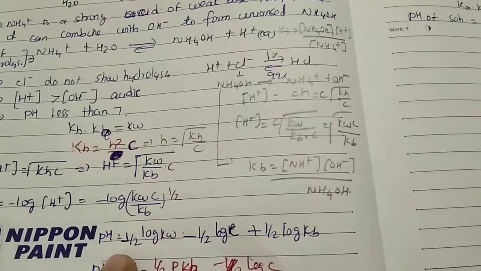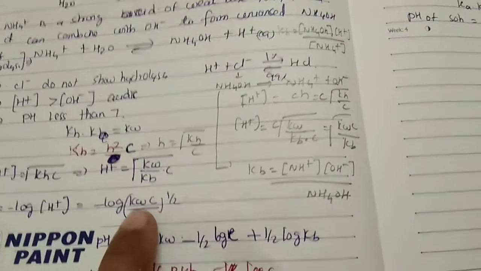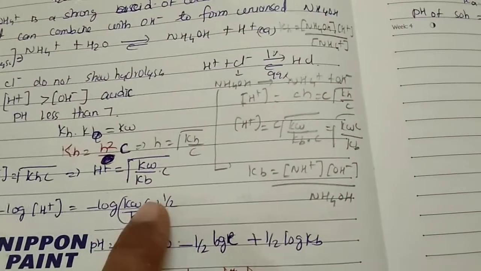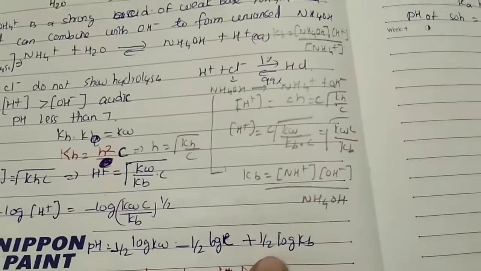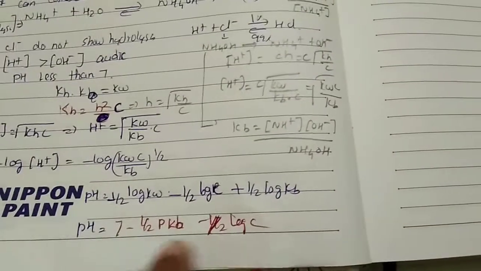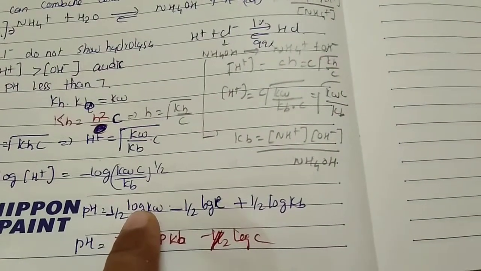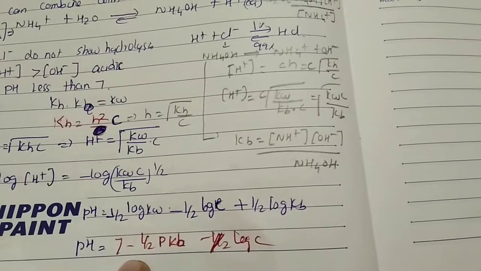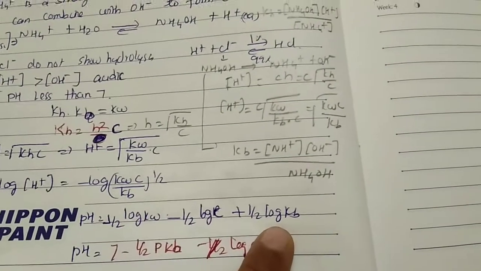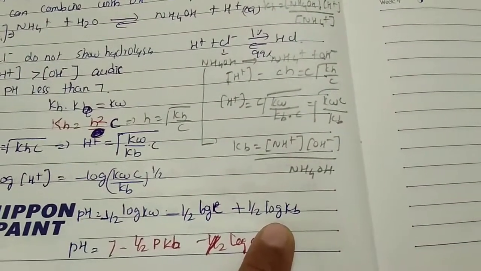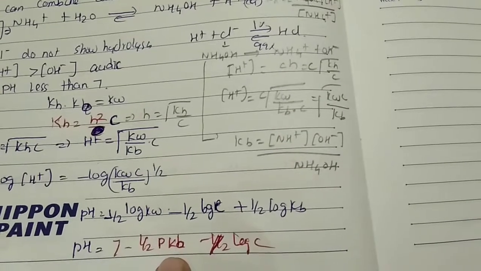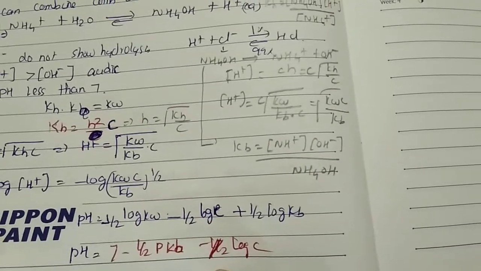So pH equal to minus log Kw minus 1 by 2 log C plus 1 by 2 log Kb. On substituting the Kw value 10 power minus 14, we are getting 7, and log Kb that is minus pKb, so minus 1 by 2 pKb, then minus 1 by 2 log C.